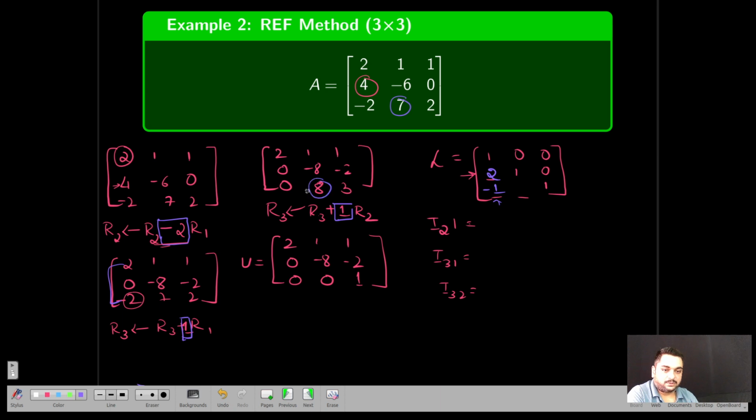I added 1 R2. So plus 1 was the multiplier; make it minus 1. If you calculate using our standard formula also, we get 2, minus 1, minus 1. This is my lower triangular matrix. If you multiply LU, you get my A. Okay, this is how you have to solve.